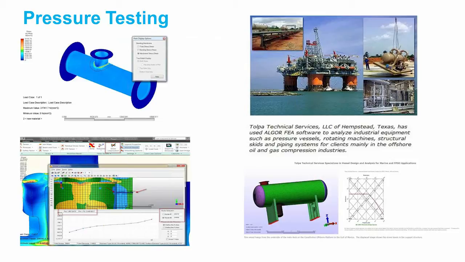It will produce membrane and bending stresses, the stress linearization through thickness, if you have to work with certain codes like DNV. And it also has an automatic pressure vessel builder to make solid or shell structures, flanges or nozzles. It's very fast and very efficient.